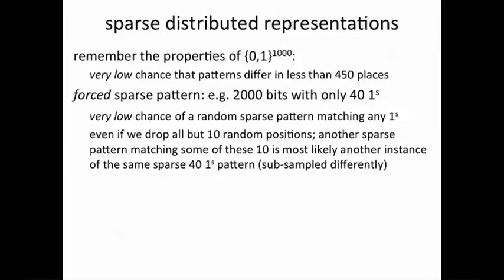The chance that after dropping all but 10 from that pattern and all but 10 from our first pattern, the chance that any of these 10 match is again very small. Again, it's 1 by 2,000 multiplied by itself many times, and you can work that out. Please try to work it out, because I might even ask a question on this at some point. It's fairly simple arithmetic, not even as complex as what we did for the 0, 1 sequences in sparse distributed memory.